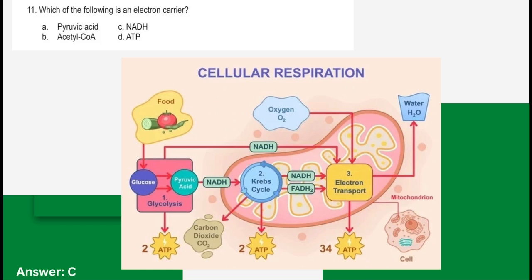These two are the electron carriers that will bring electrons to the electron transport chain or oxidative phosphorylation. That's why we call them electron carriers, because they are needed by the electron transport chain or oxidative phosphorylation to create more ATPs. So, since in our choices there's only NADH, the correct answer is NADH.